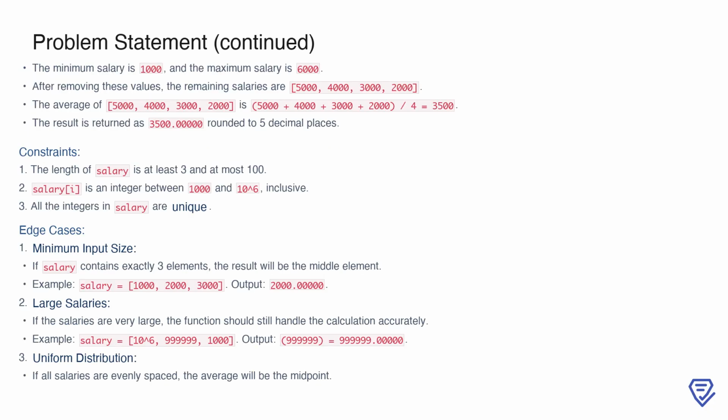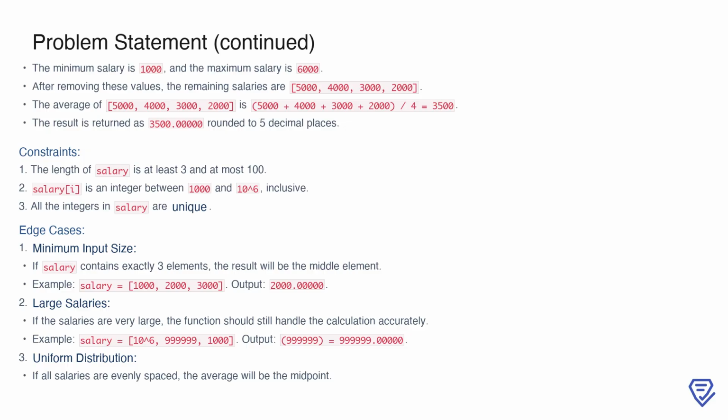Now, for the third example, the input list is 6,000, 5,000, 4,000, 3,000, 2,000, 1,000. The minimum salary is 1,000, and the maximum salary is 6,000. Once we remove these values, the remaining salaries are 5,000, 4,000, 3,000, 2,000.